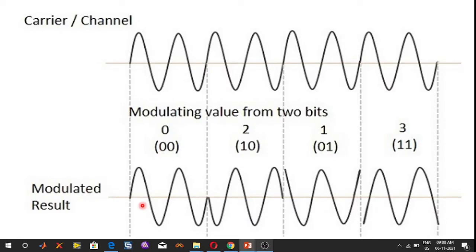Since four shifts are involved in this waveform, this system is called quadrature PSK.